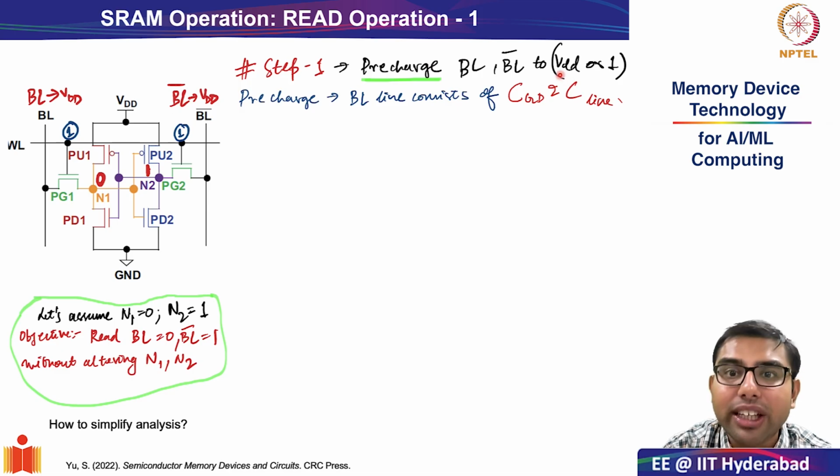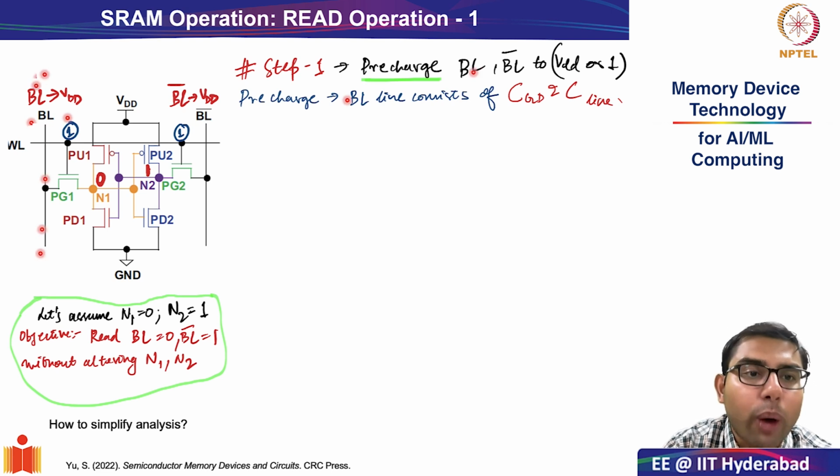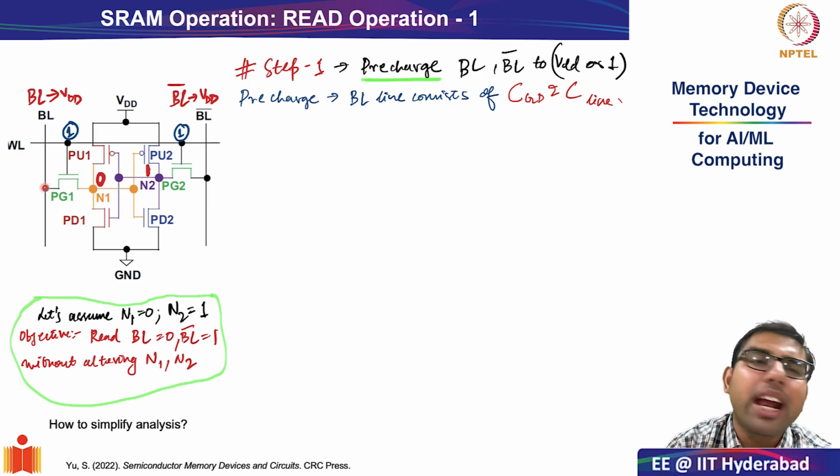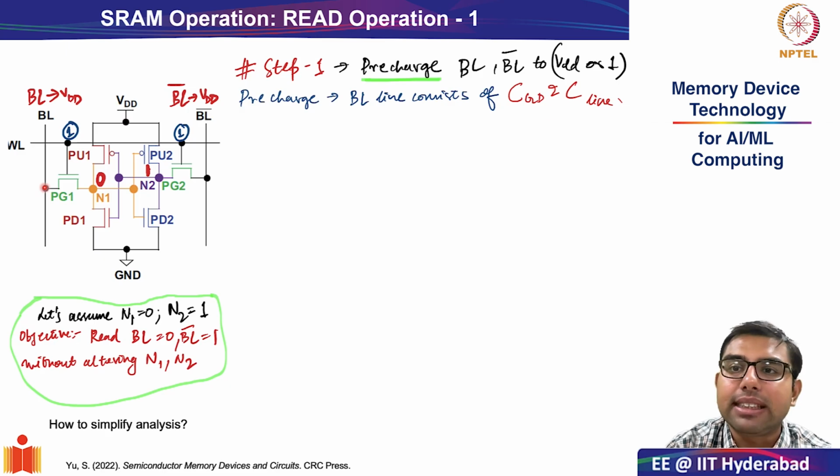Okay, this capacitance will consist of two constituent capacitances: one, the capacitance of the line, and also CGD of the pass gate transistors. So there will also be an associated capacitance between the gate and the drain or source of the pass gate transistors.